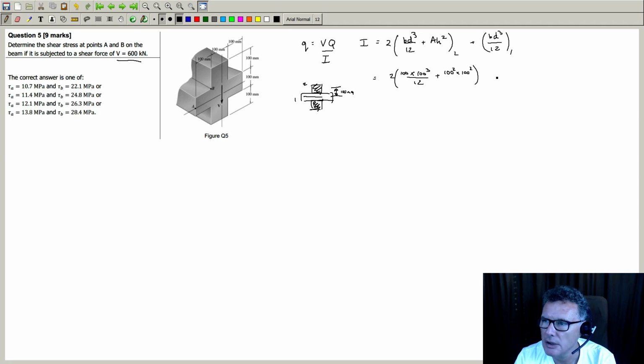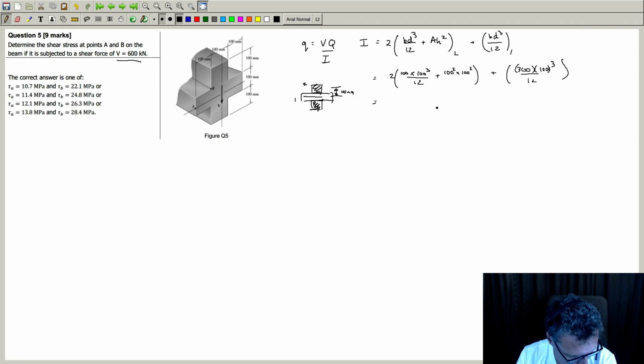Okay, and then you'll want to do this now for the middle section. So its total width is going to be 300. The depth of it is 100, so you've got 100 to the power 3 divided by 12.